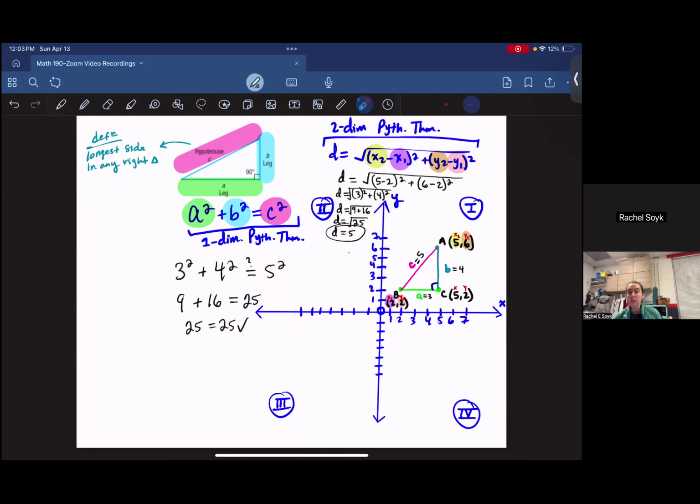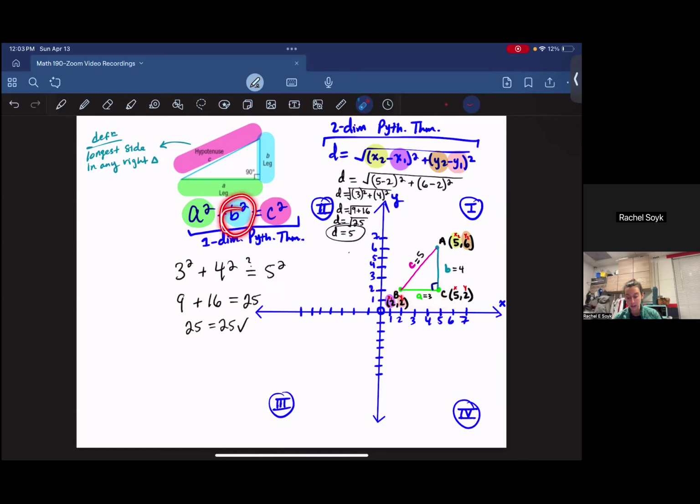Now, how do we convert this into our two-dimensional world? Well, our a squared is the difference between our two different x values, 5 minus 2, which gives us this length 3, and then we square it.